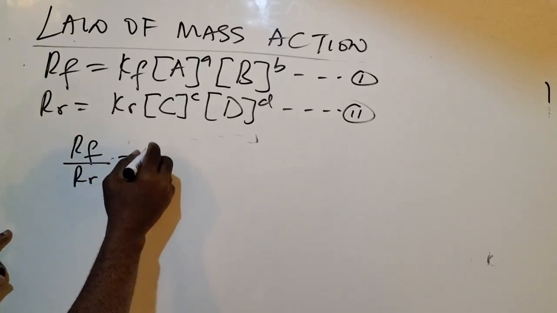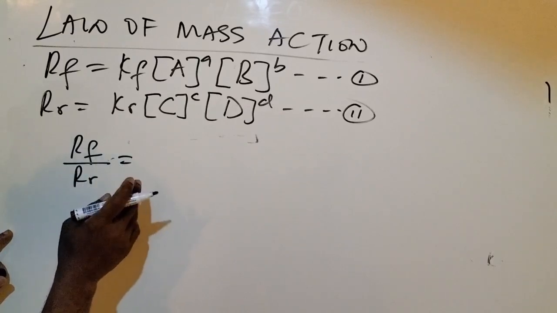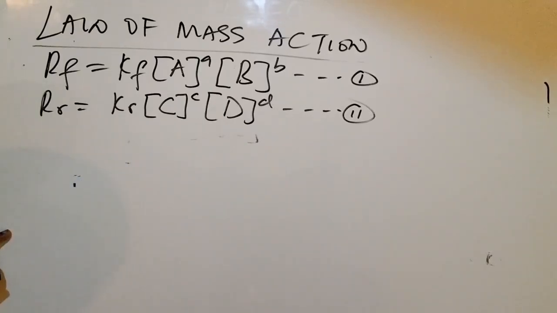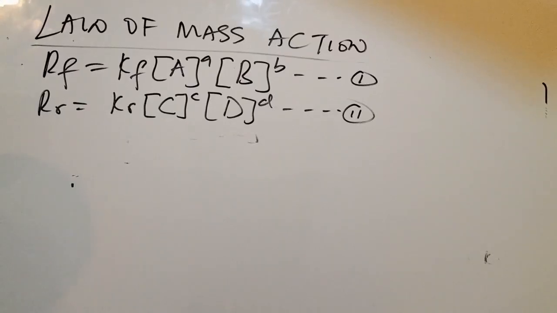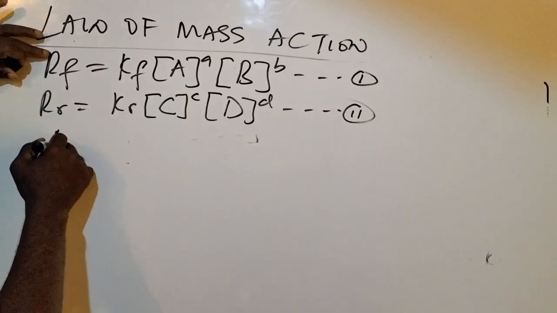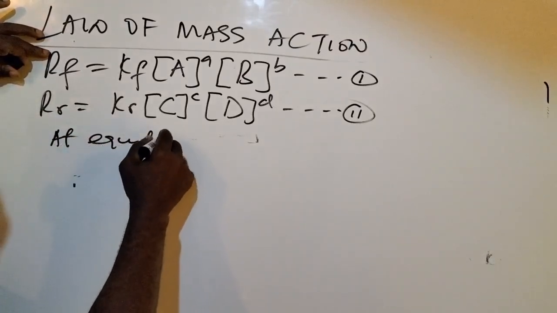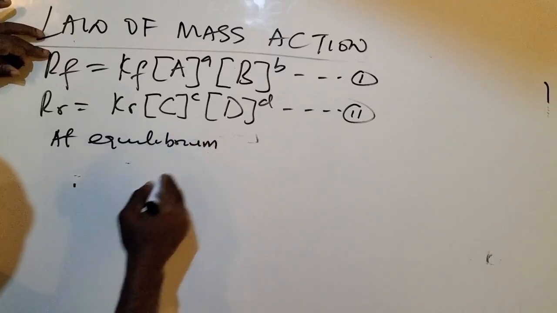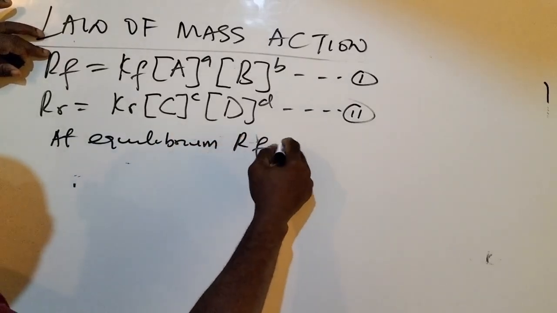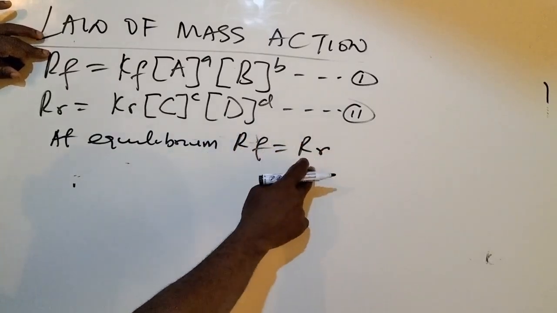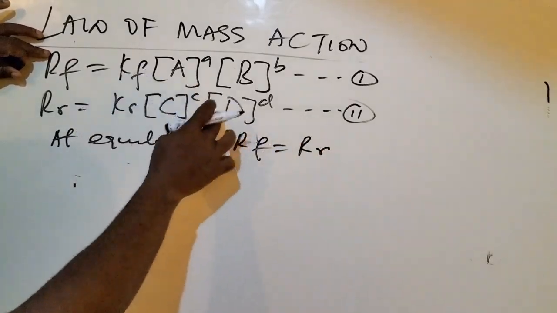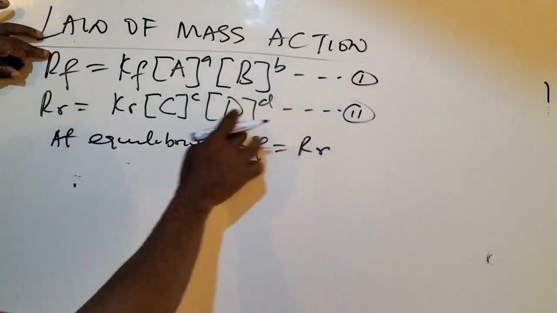Sorry for the error, it's not division. At equilibrium, remember, the rate of forward reaction is equal to the rate of backward reaction. Good. So I can equate equation 1 to 2, not divide. At equilibrium, the two of them are equal.